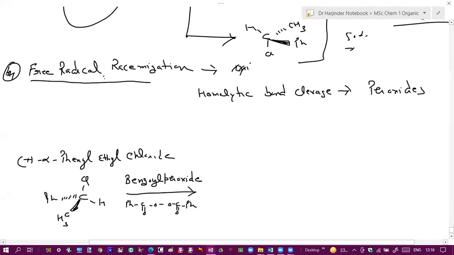This benzoyl peroxide will undergo homolytic bond cleavage to give rise to benzoyloxy radicals, which further lose carbon dioxide to give rise to two phenyl radicals. And these two phenyl radicals, which atom will they take from your molecule? Chlorine.